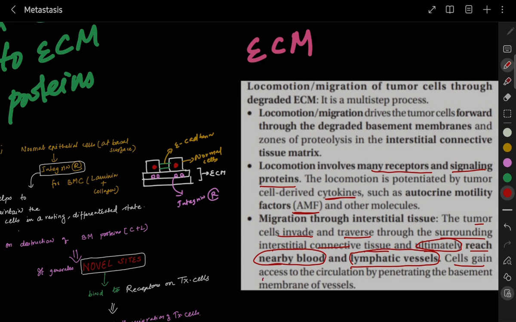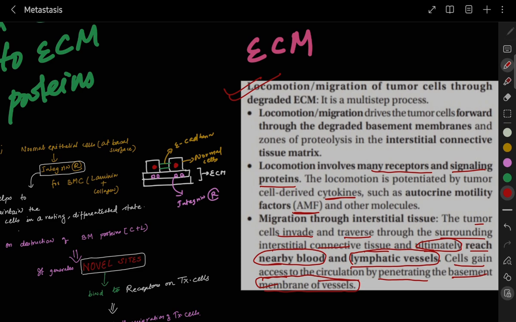Cells gain access to the circulation by penetrating the basement membrane of the vessels. So the important things to carry from this: you have seen how the migration happens after binding to the novel site.